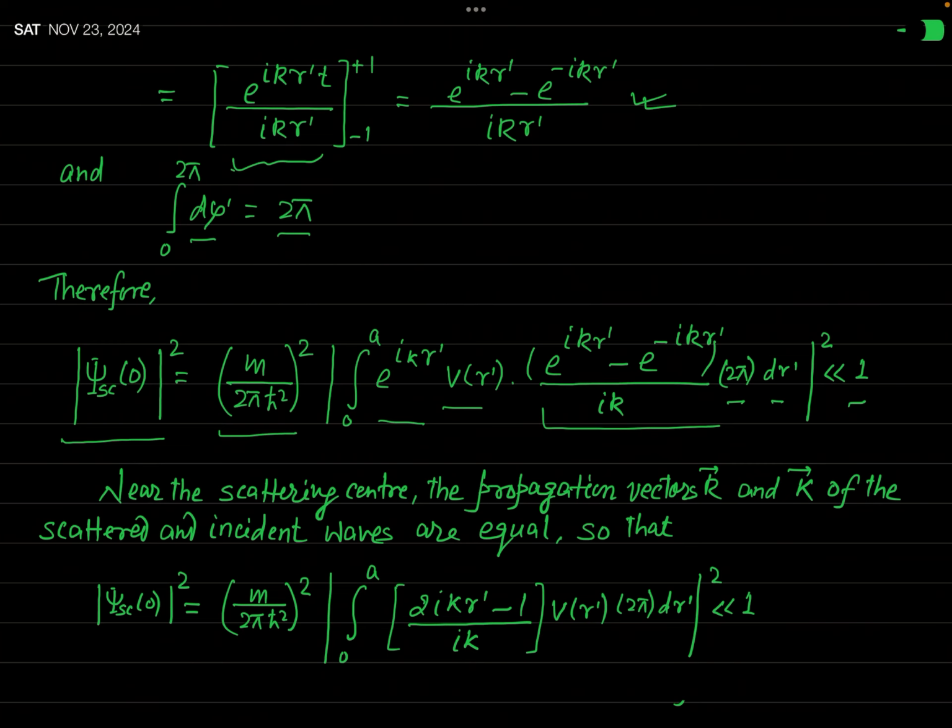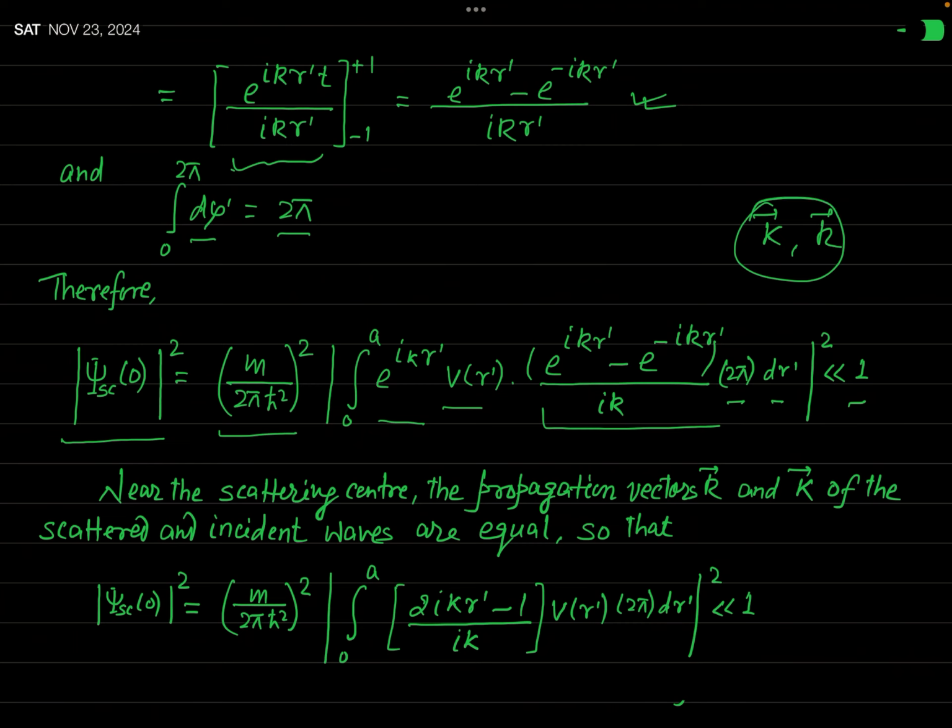Now actually when you talk about the point near the scattering center, then this wave vector k, which is the wave vector of the incident wave, and kappa, which is the wave vector of the scattered wave, are almost equal in the region of the scattering center.